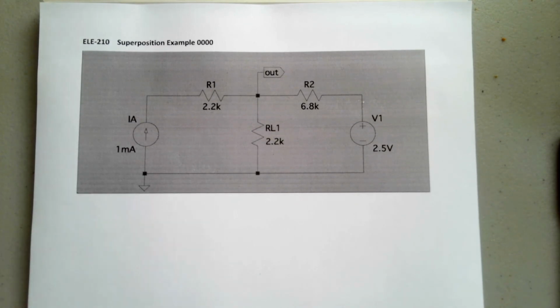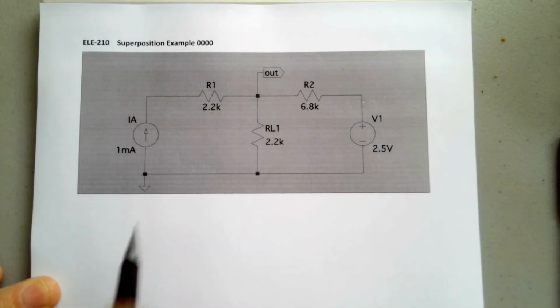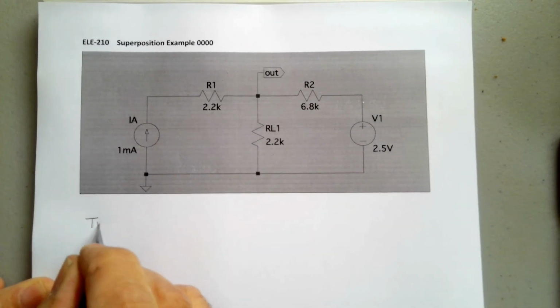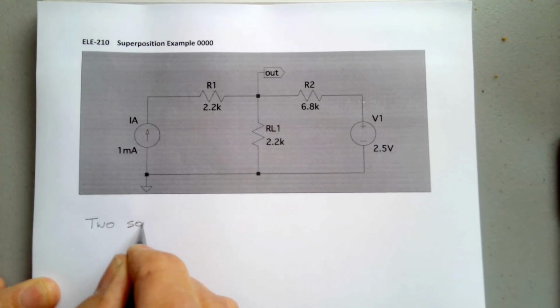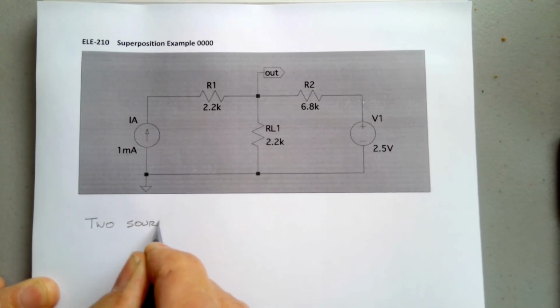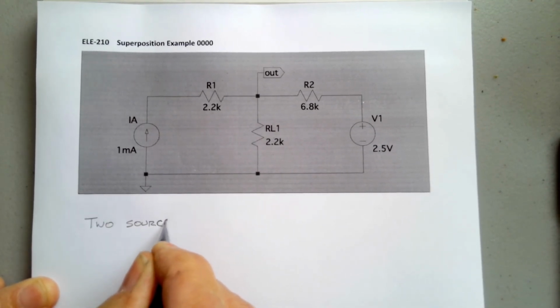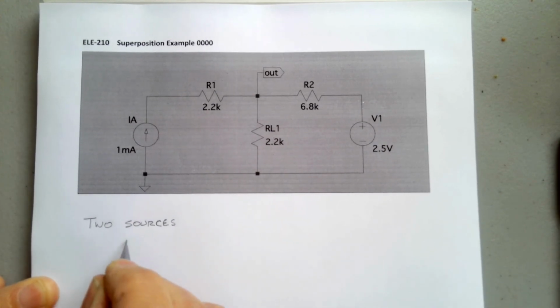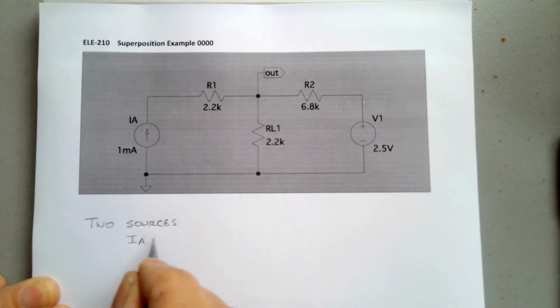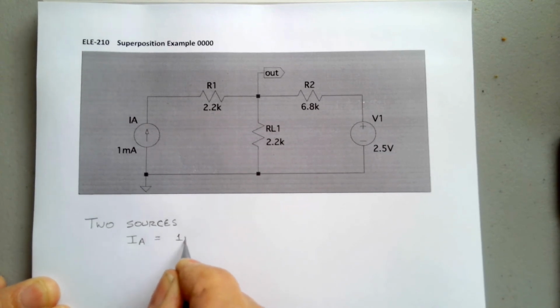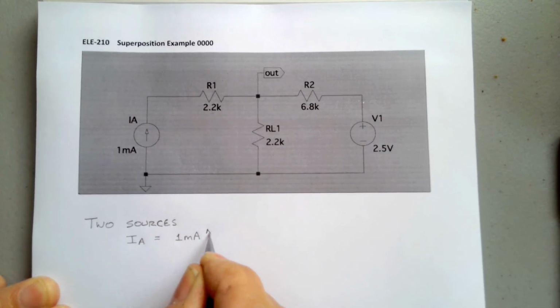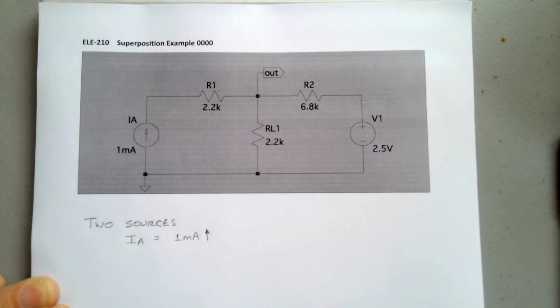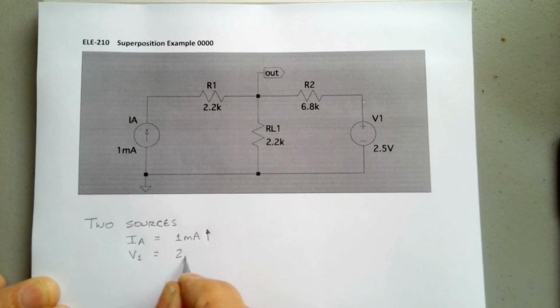So this is our circuit, and we have two sources. We have IA equals 1 milliamp up, if you will, and V1 is equal to 2.5 volts.